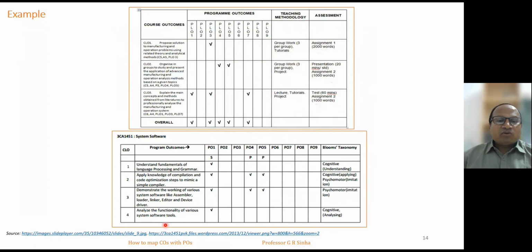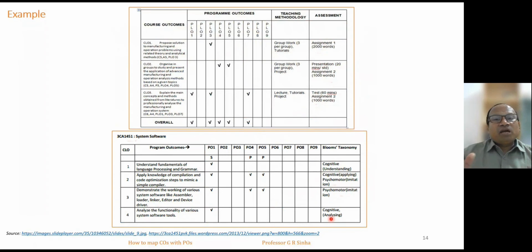So when you have such program outcomes and course learning outcomes, you can map these course learning outcomes with program outcomes. And one more thing you can see, in terms of Bloom's taxonomy, is the cognitive level of the outcome, whether it was understanding, a psychomotor level like imitation, or a cognitive level, or knowledge level, what level of development, what level of outcome was actually seen in the students.